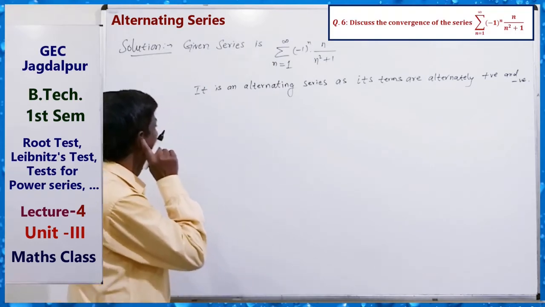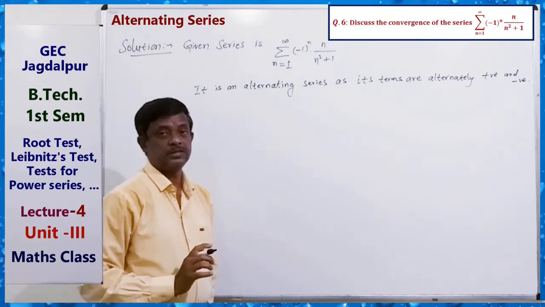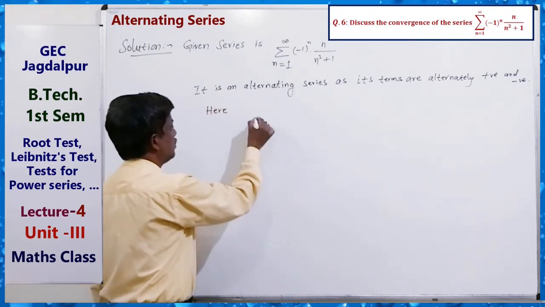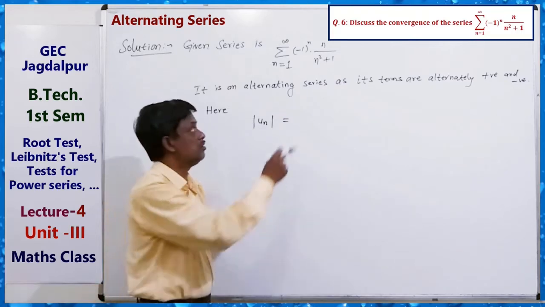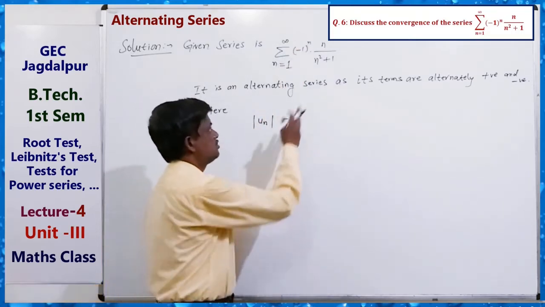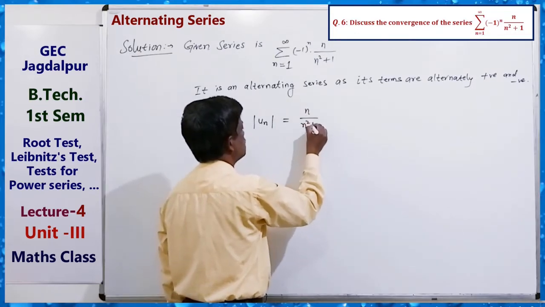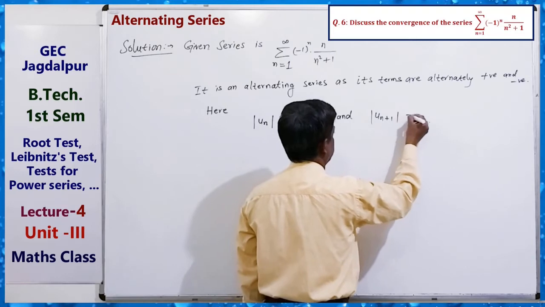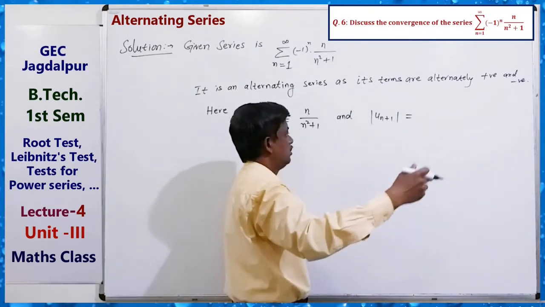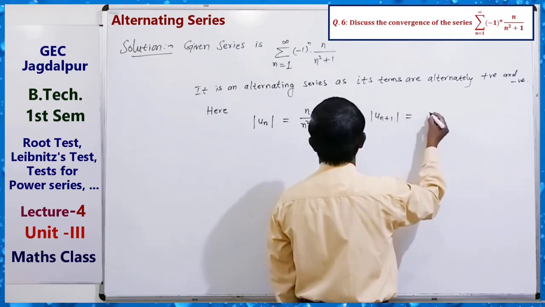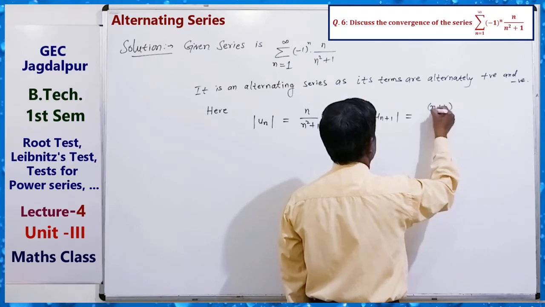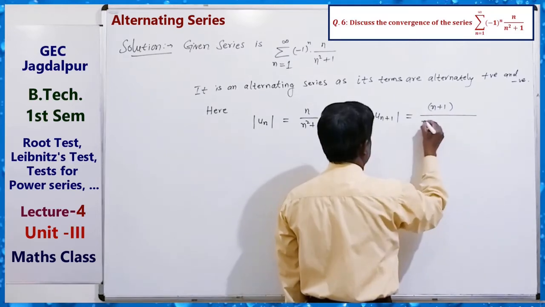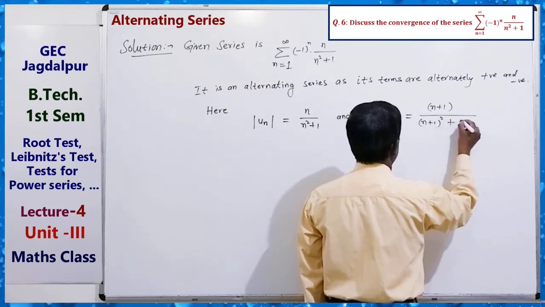So just see numerically: mod un, the numerical value, where minus 1 to the power n vanishes, is n upon n square plus 1, and un plus 1, one step ahead, equals n plus 1 upon n plus 1 square plus 1, taking the modulus.